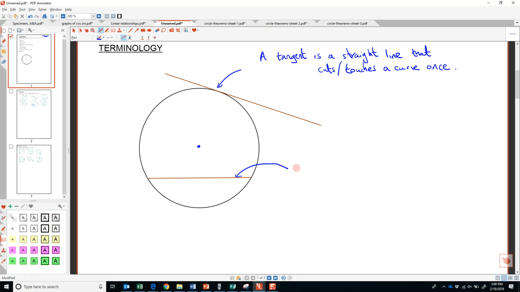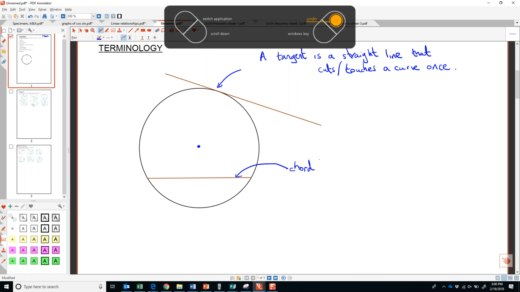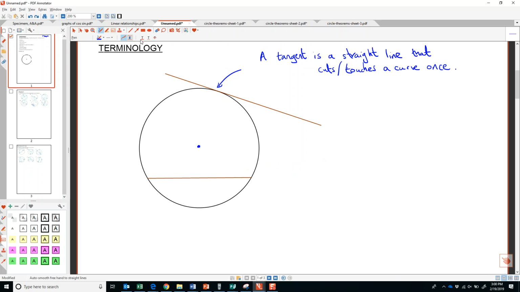I'm not going to put in radius or diameter because I'm guessing we all know what they are. Just quickly remind me what a radius is. Half the diameter. What's the diameter then? A straight line that goes from one side of the circle to the other, but through the center point.